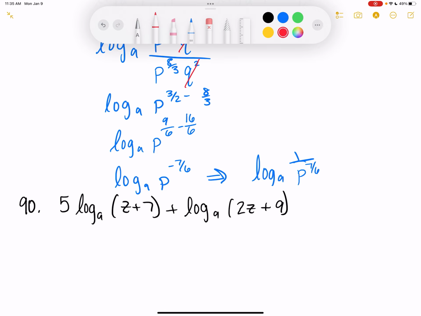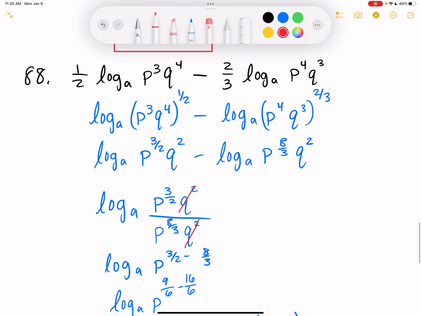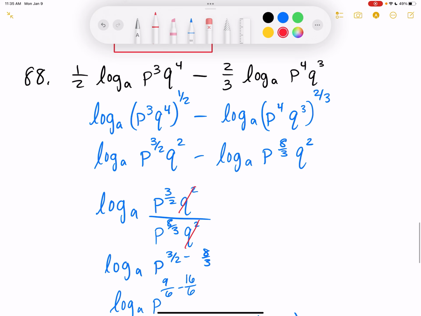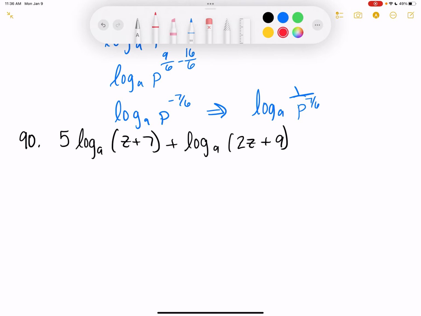So what was the first thing that I said we needed to do in the last problem? Distribute. Well, what do you mean by that? We take this and we put it up here.